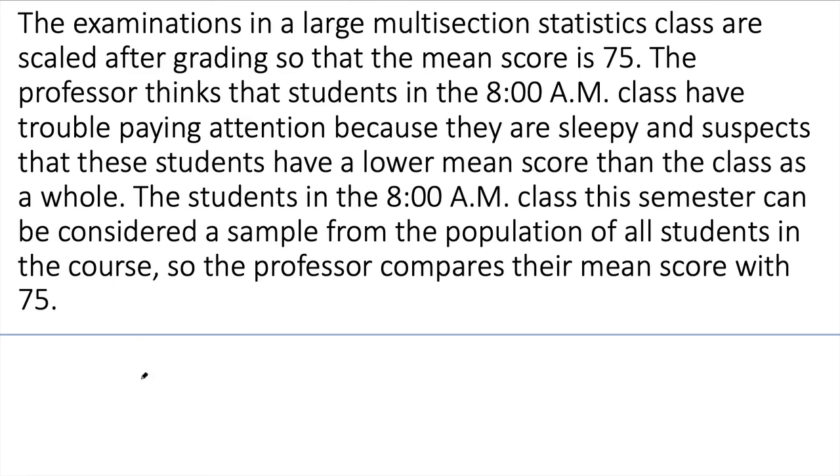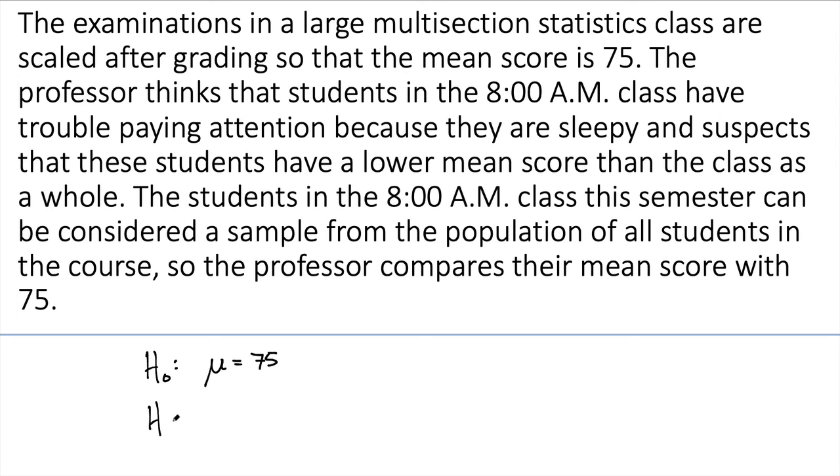Our null hypothesis, H naught. We're looking at means here. So our expectation here is that the mean score for a null hypothesis, meaning there's no difference, would be that the mean score for that sample is still 75.